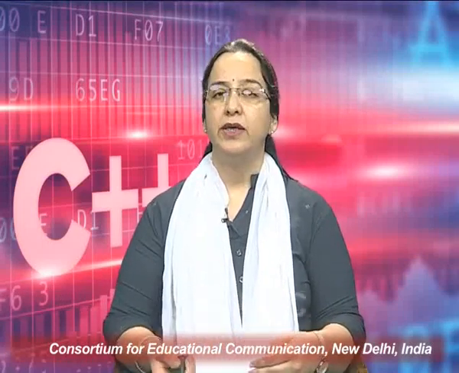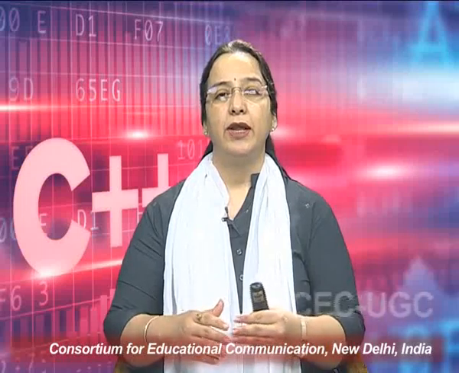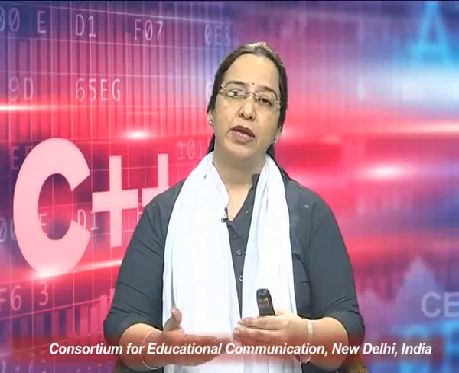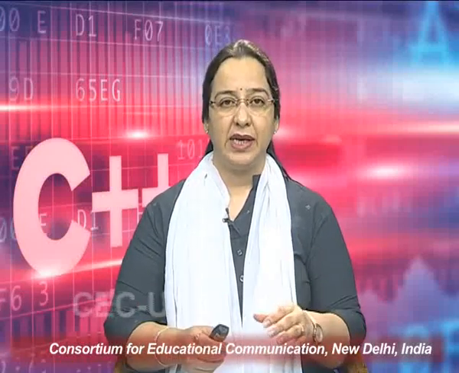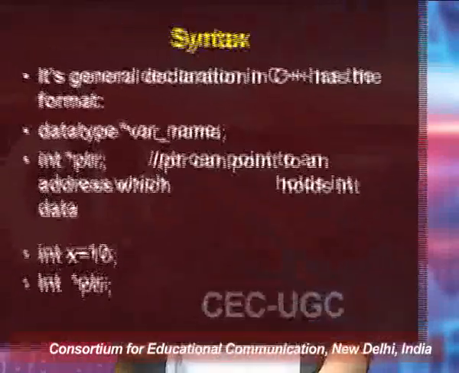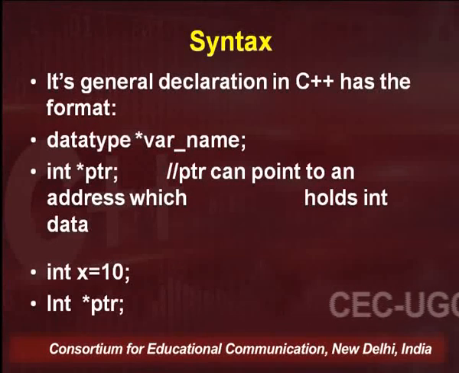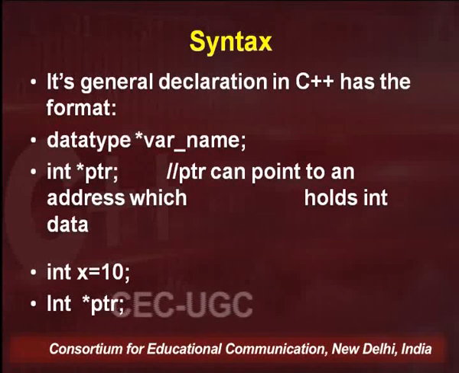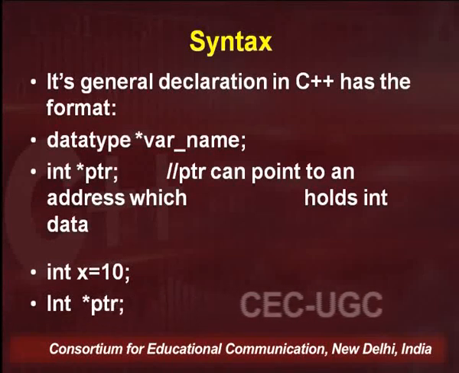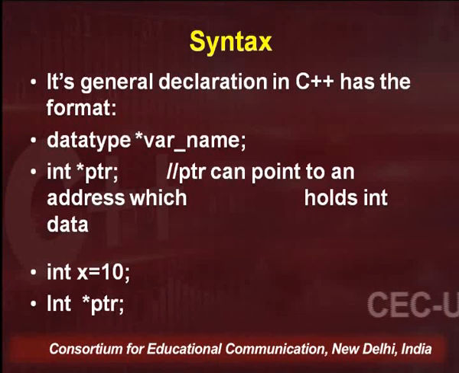The way in which we can declare pointers is we write the data type, then we put an asterisk sign, and then we write the name of the pointer variable. For example, I am going to write int asterisk ptr.